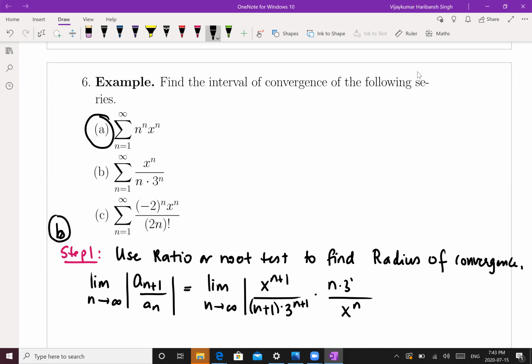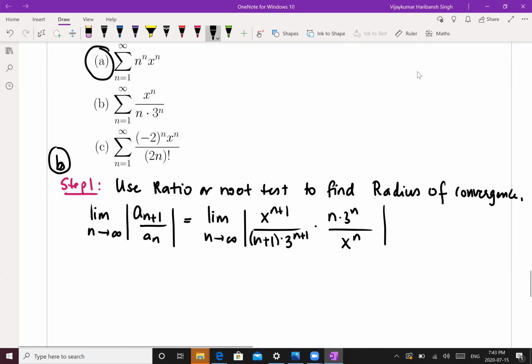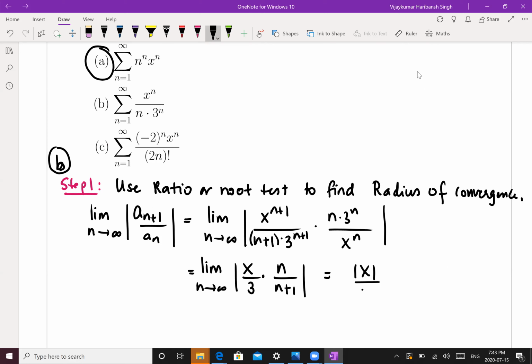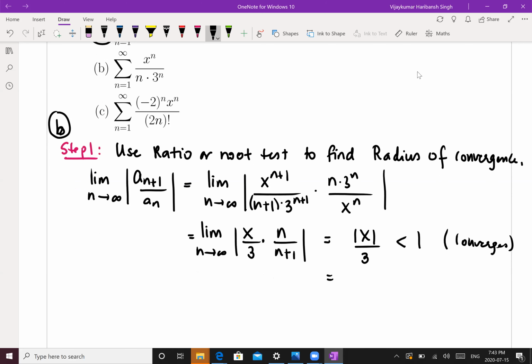After the simplification, x to the power n plus 1 and x^n cancel to give you x, 3 to the power n plus 1 and 3 to the n simplify to 3, and n upon n plus 1. If you look at this limit, it is going to be the absolute value of x by 3. So if less than 1, it converges. That means the absolute value of x is less than 3, then there's a convergence.